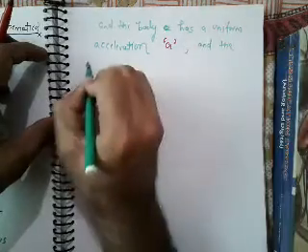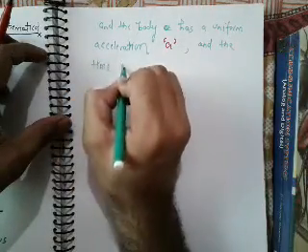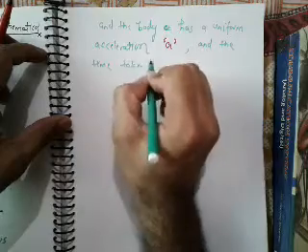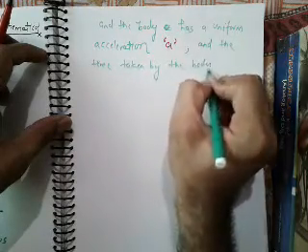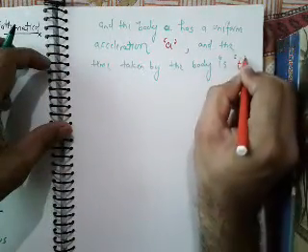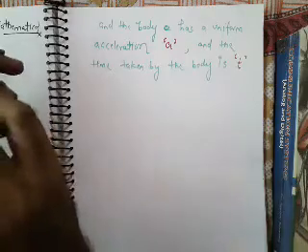The time taken by the body is small t. All these four variables are here.